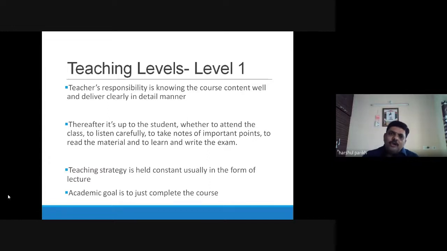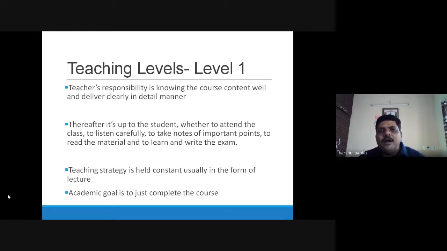Now, as teachers also, we are teaching at different levels. All teachers are not teaching at the same level. At level 1, what is the main responsibility? The main responsibility at level 1 is knowing the course content and delivering this course content clearly in the class in a detailed manner.